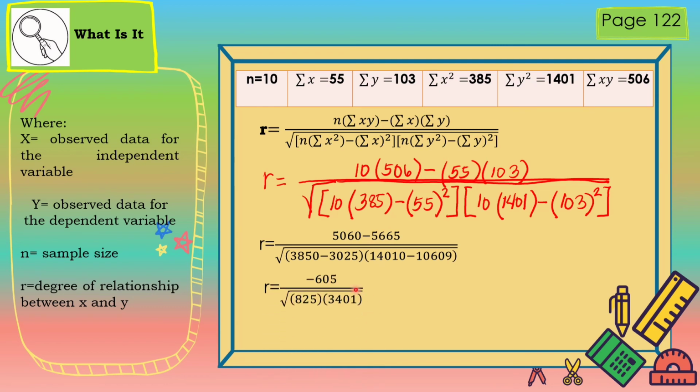And now we have 5,060 minus 5,665, that is negative 605, divided by 3,850 minus 3,025, we have 825, times 14,010 minus 10,609, that is 3,401, and the correlation is negative 0.36.